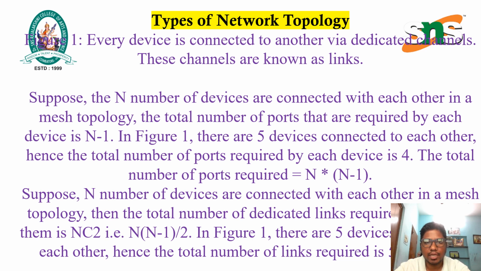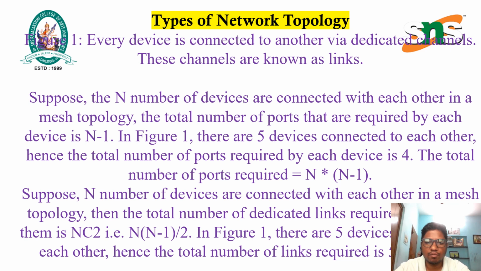Suppose n devices are connected with each other in a mesh topology. The total number of ports required by each device is n-1. In the figure, there are 5 devices connected to each other, so the total number of ports required by each device is 4. The formula for ports is n-1.